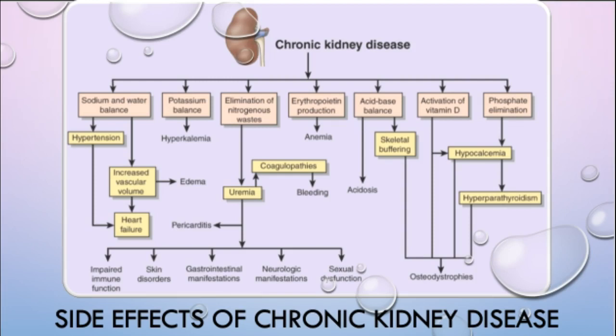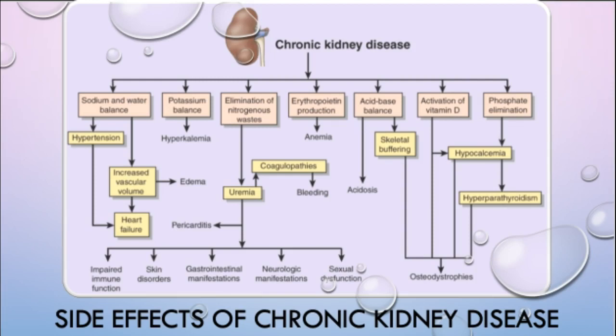Another important side effect of chronic kidney disease, just to make sure that you are aware of, is that these patients will typically be chronically anemic. We'll see this in the later stages of the disease progression. What happens is there is a decrease in erythropoietin production, and it causes a reduction of red blood cell production.